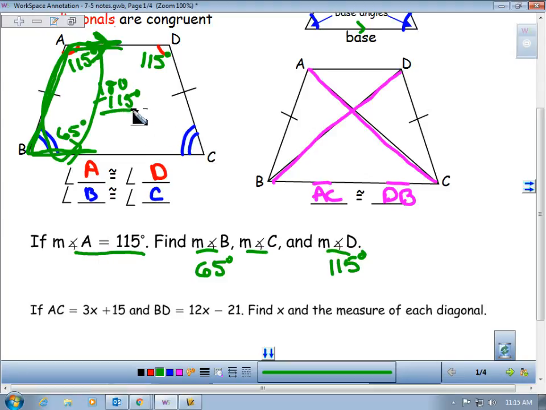That's why it's 180 minus 15, because they make same side interior angles, or your book calls them consecutive interior angles, and they're supplementary. Guess what angle C is? Yeah, it's 65. You can say, oh, you got a C over here, same thing, or you can say, hey, the base angles are congruent.